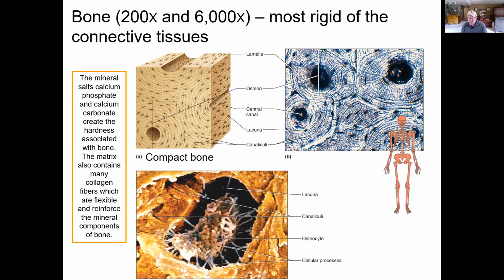Each of these osteons has an osteonic canal, and you don't see the contents now, you just see the hollowness of it. But in you and me, these osteonic canals would contain blood vessels and nerves and even some lymphatic vessels too.